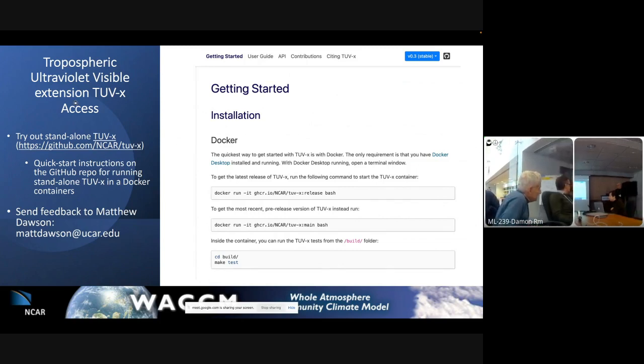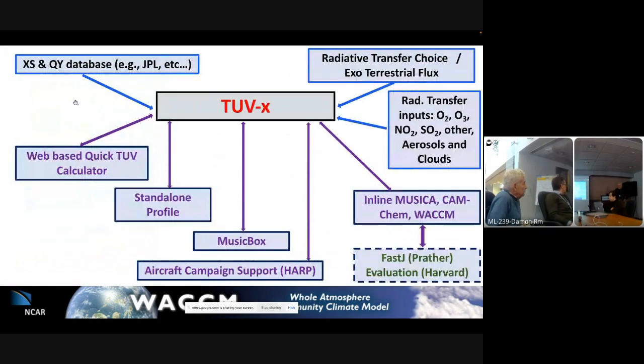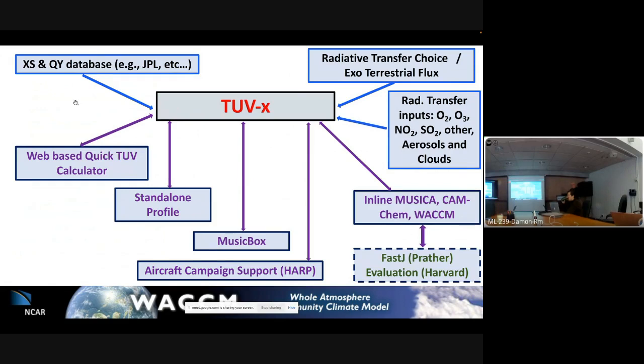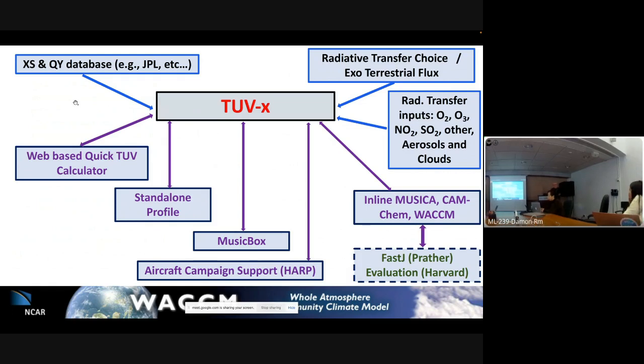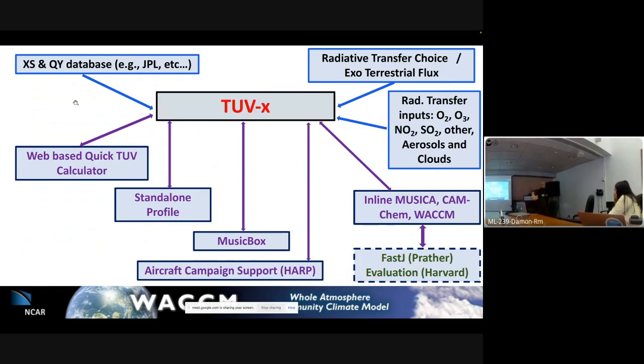So how does TUVX fit into the grand scheme of things at NCAR? The idea here is we're going to have a cross-section and quantum yield database, JPL or whatever source you have. We'll have somebody that manages this, maybe John Orlando, Dan Marsh, myself, and other people, just to make sure that what's in there is correct, and maybe give a recommendation on what the best cross sections and quantum yields are for any given reaction.